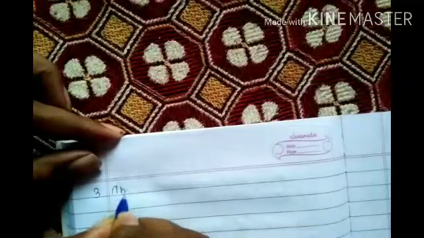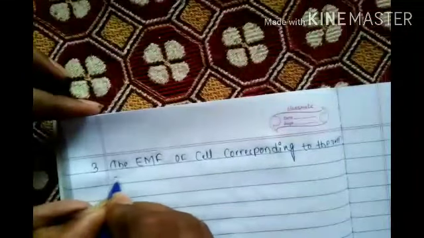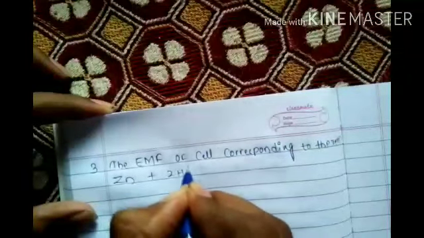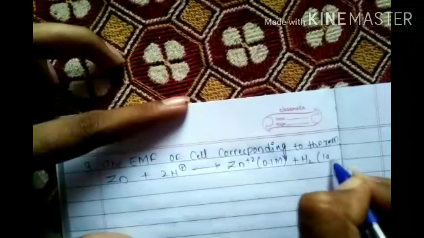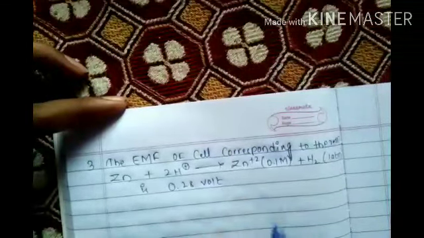The EMF of a cell corresponding to the reaction Zn plus 2H plus gives rise to Zn plus 2 (0.1 M) plus H2 (1 atm) is 0.28 volt at 25 degrees Celsius.